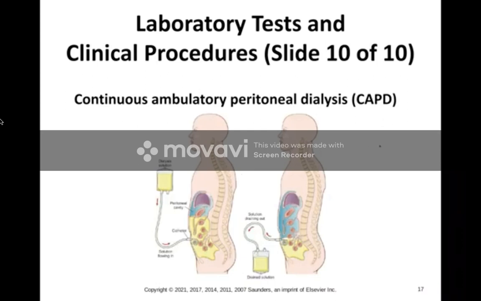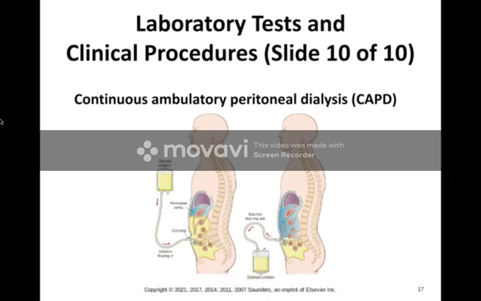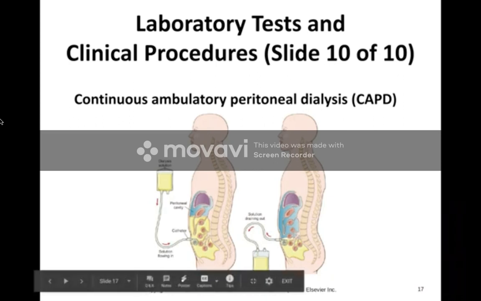Continuous ambulatory peritoneal dialysis, so this is CAPD. This is another way of performing dialysis. The dialysis solution goes in through a catheter and then comes back out through a draining catheter.